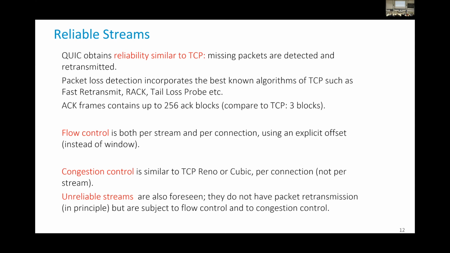So there is no point asking the transport layer to send again, given that the resolver will ask again. In fact, it's counterproductive, because you might be sending again at the transport layer a message that is completely useless because the application layer is resending it. So because of that, it is also foreseen to have unreliable streams.